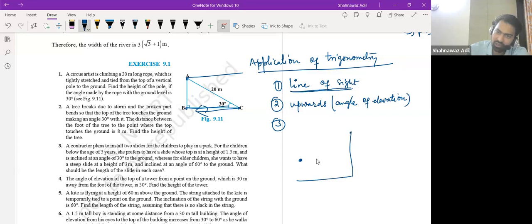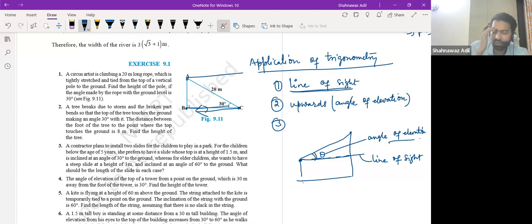Then this is my line of sight, and this would be my angle of elevation. I will repeat this again when Rizwan, Shuaib, and Hashid join.